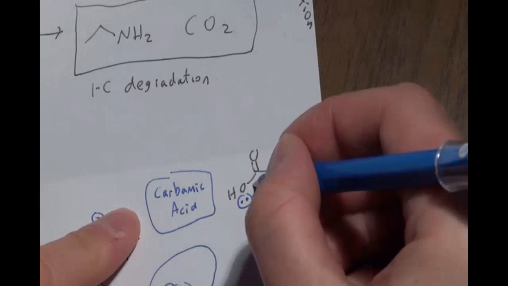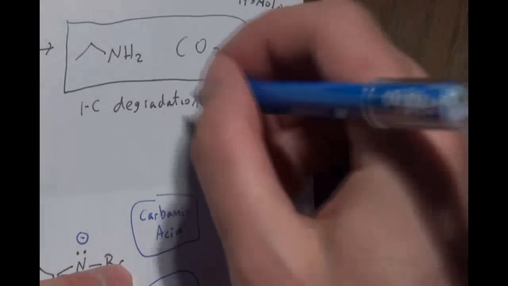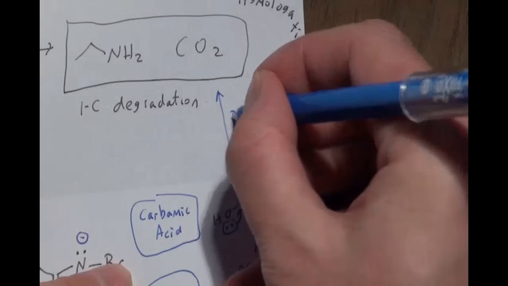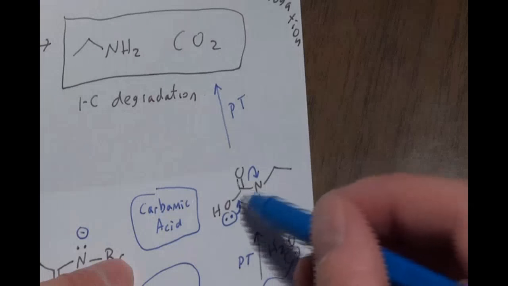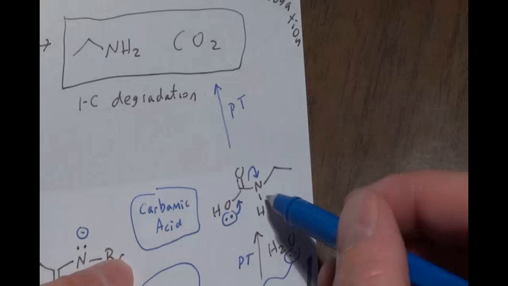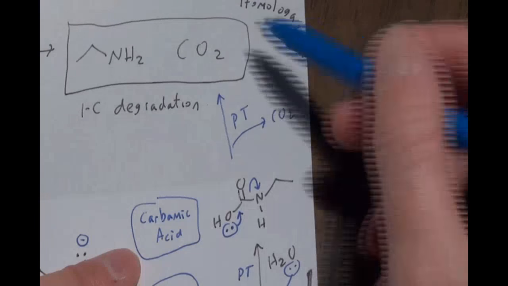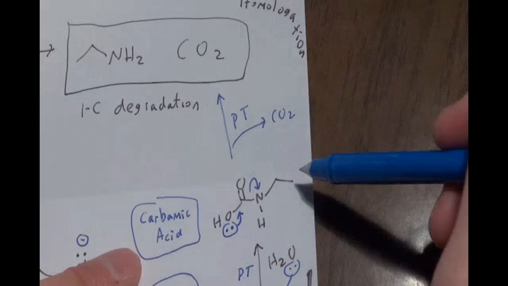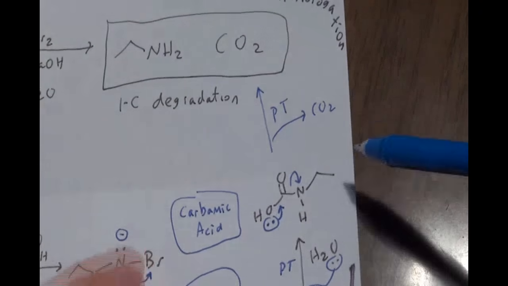So the oxygen kicks in, breaks off onto nitrogen, and I also write PT on there to suggest that CO2 is losing a proton as it forms, and nitrogen's gaining a proton. That is how CO2 is forming, right?